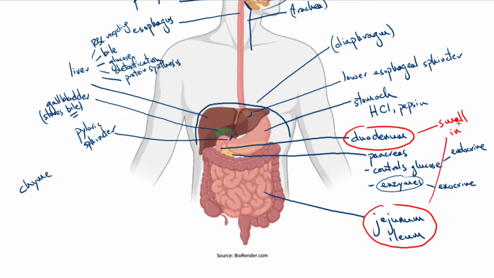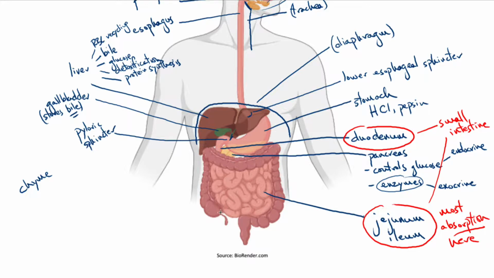And the small intestine is where most absorption takes place. So most of the absorption of the nutrients that we take in happens in the small intestine. Then moving from the small intestine, we get into the large intestine, or the colon, and movement through the large intestine goes here.